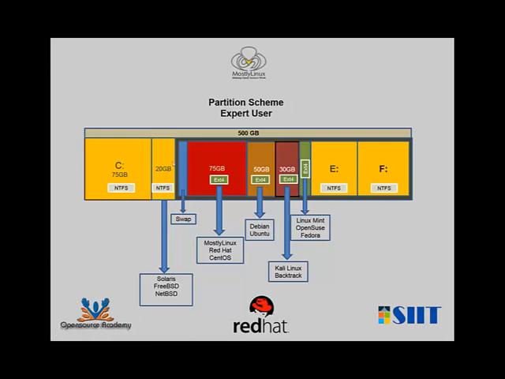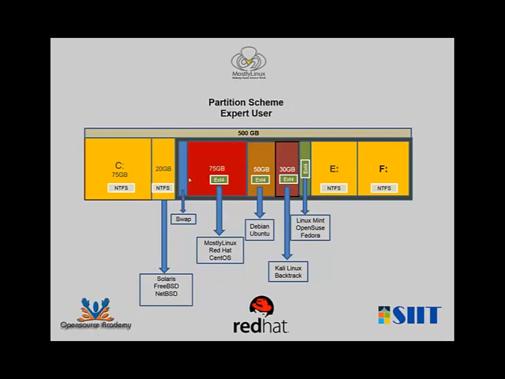Even if you don't experiment, you can keep the partition formatted in NTFS file system, so that even if you don't install those operating systems, you can use the space as an NTFS file system. Then this blue partition, this is the swap partition. This one single swap partition will be used by all Linux distributions that you may well install at any point of time. Ideally, the size could be 4 GB or more.